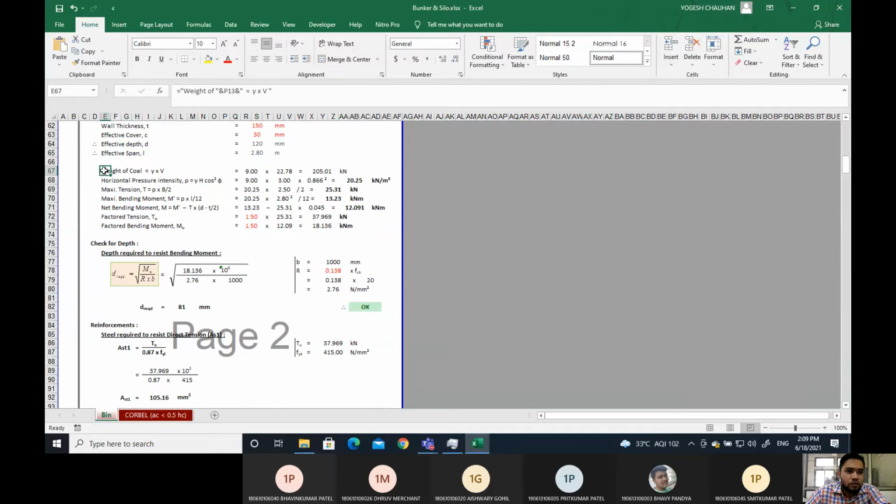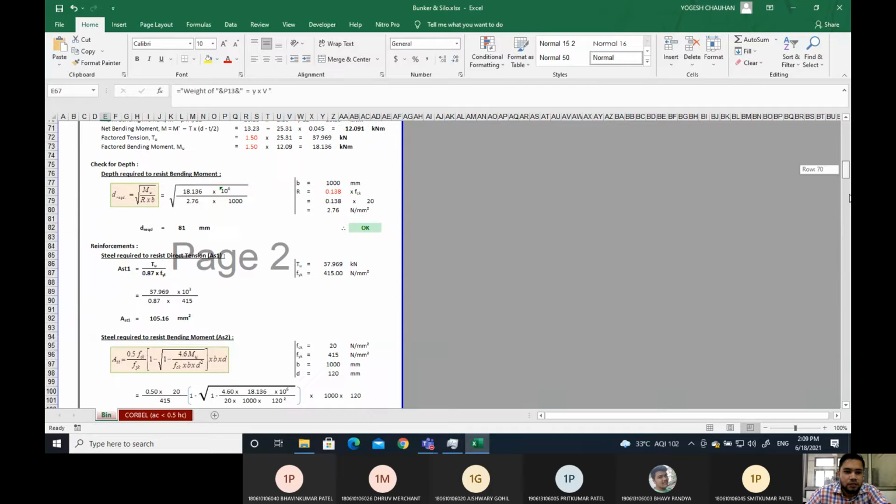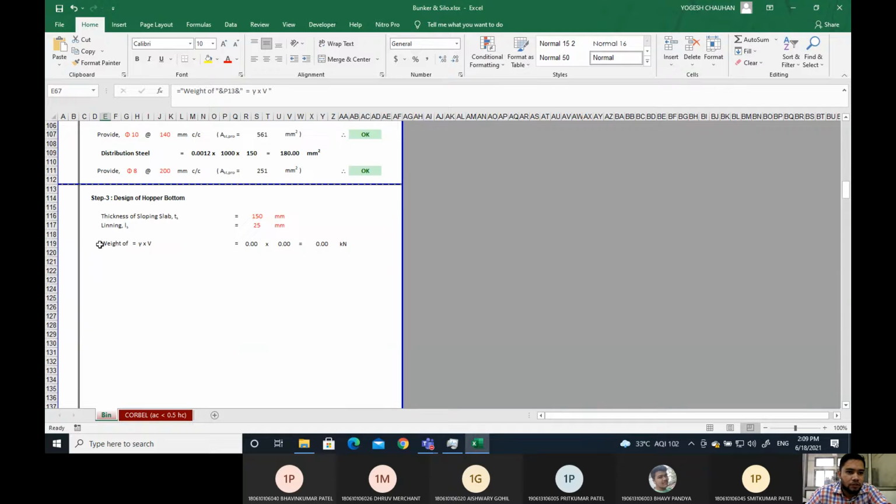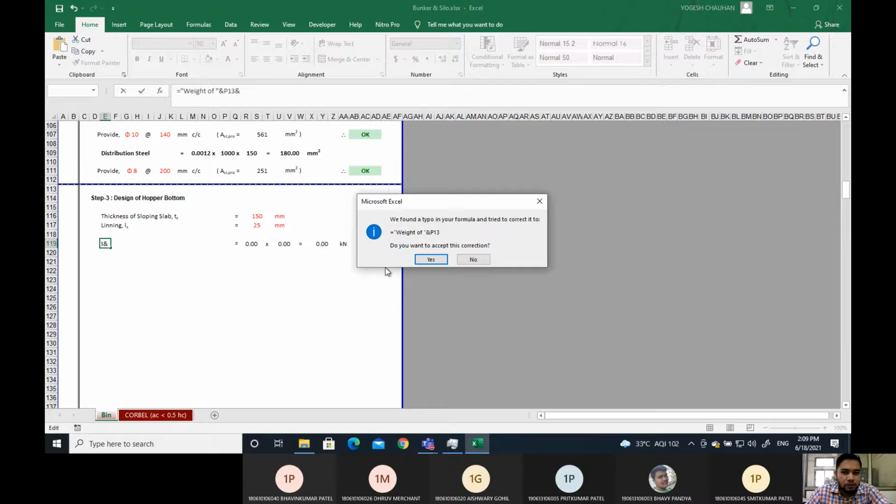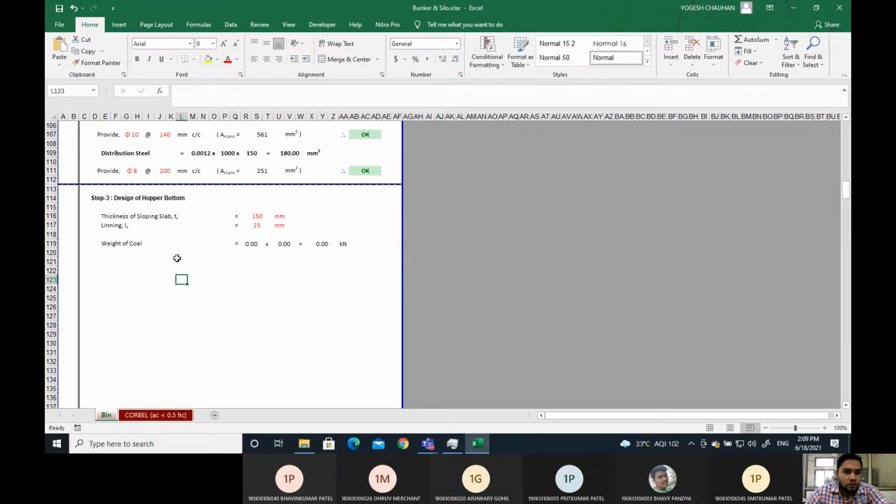Okay, so same, I have to change this cell here also, because here it is now reading as P65 whereas it is P13. So it is now coal. We remove this part because we have already calculated the formula.